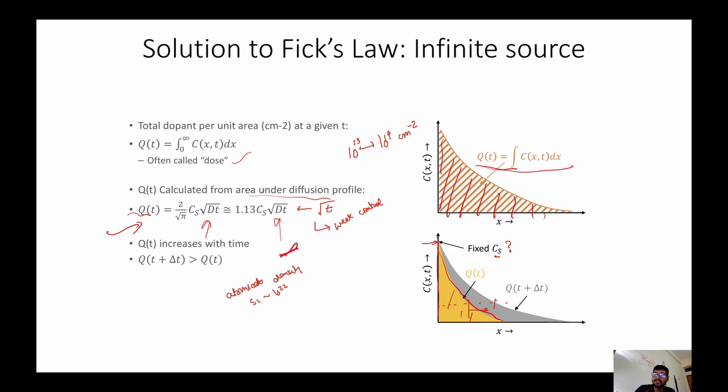If we want to increase the dose, that is given by 1.13 Cs square root of Dt. So we will increase the time, or we can increase the diffusion coefficient, the diffusivity. This is a very weak dependence on time, square root of t.